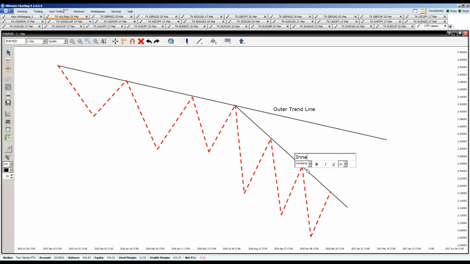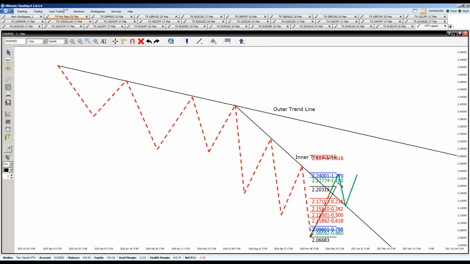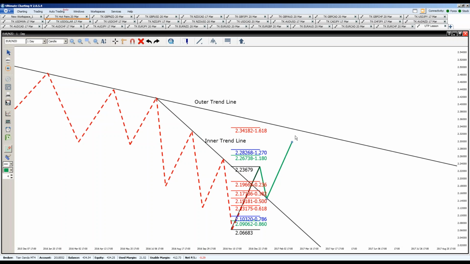This is the inner trend line. As soon as the market breaks that inner trend line, like that, then you will draw an up sub AB boundary, because now the market is headed towards the outer trend line.